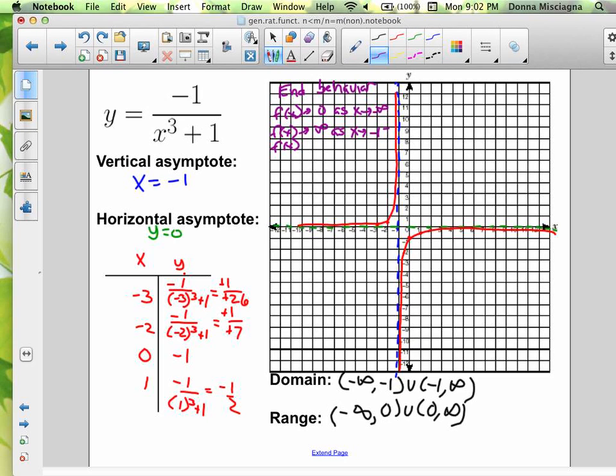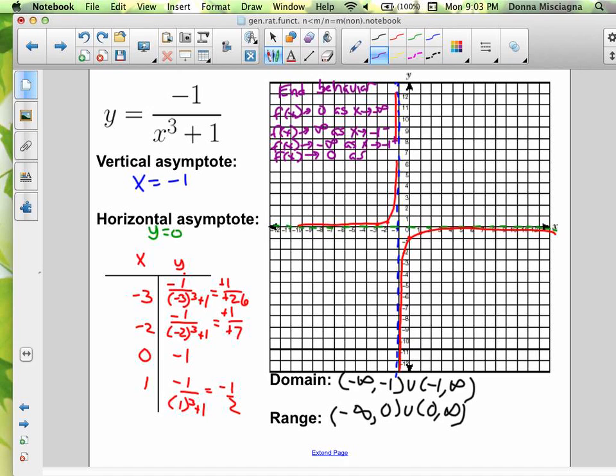So f of x approaches negative infinity as x approaches -1 from the right-hand side. That's a little sloppy. Let me see if I can make that just a little neater. And then as x approaches infinity, f of x again approaches 0.